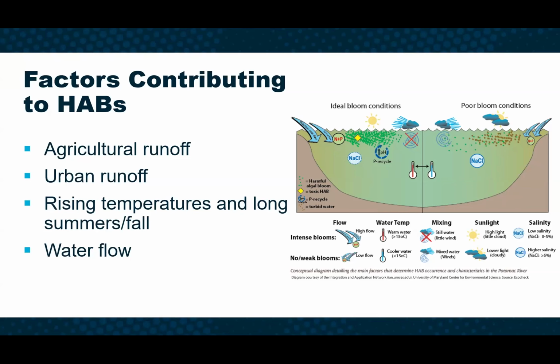Also, we are going to have the water temperature. So extreme weather events are going to have a high impact on the frequency of harmful algae blooms. And in the last decade, we have seen more and more of these events happening inland.